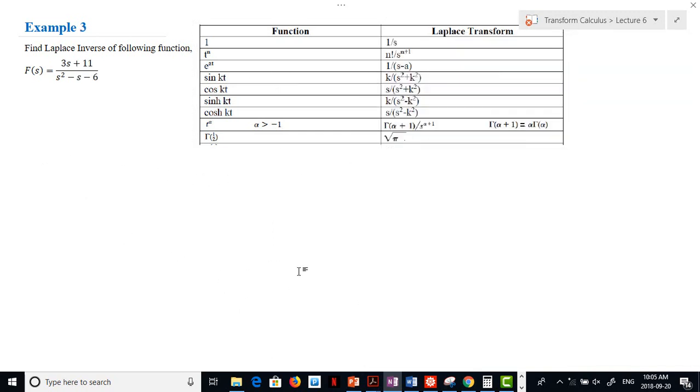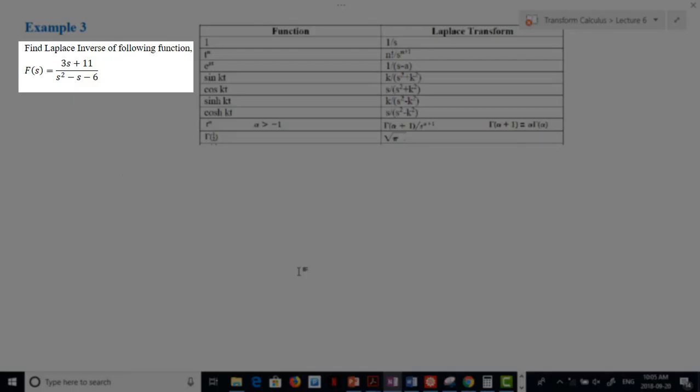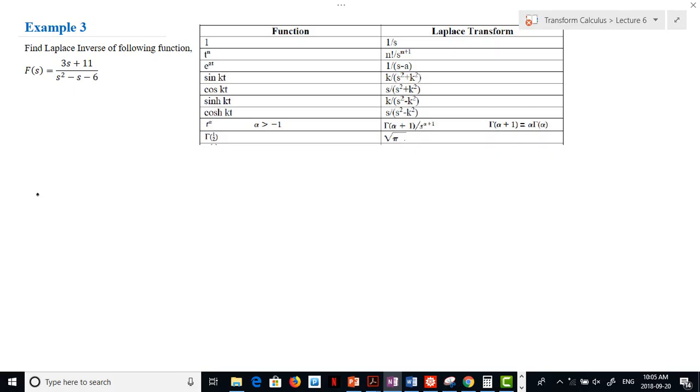In this example, we want to find the Laplace inverse of 3s plus 11 divided by s squared minus s minus 6.